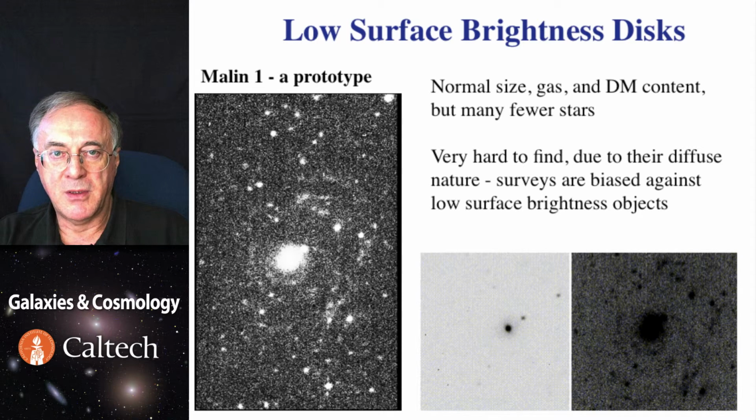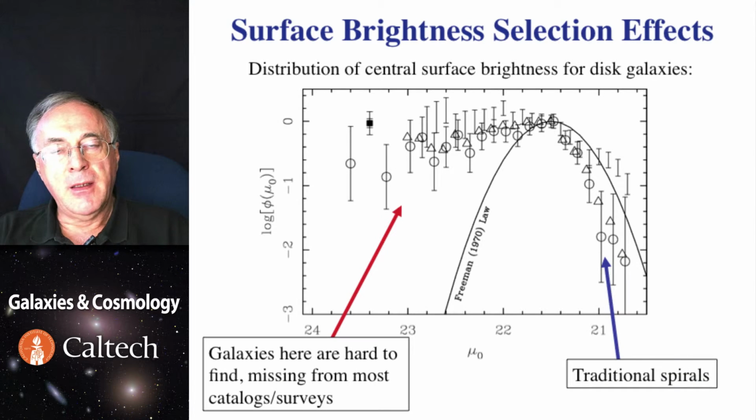One of the first large low surface brightness disks is called Malin-1. The two panels on the lower right show a normal contrast picture and a really high contrast picture. If you look at a distribution of surface brightness of disks, you see something like that. At the bright end, which here is on the right, are the traditional Hubble spirals.